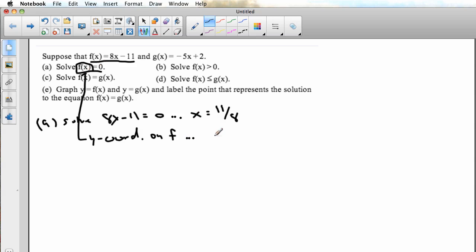The y-coordinate equals 0 when you find the x-intercept. We already solved this, but we can interpret it as saying that the point 11/8 comma 0, the point that has x-coordinate 11/8 and y-coordinate 0, is the x-intercept of the graph of f of x equals 8x minus 11.